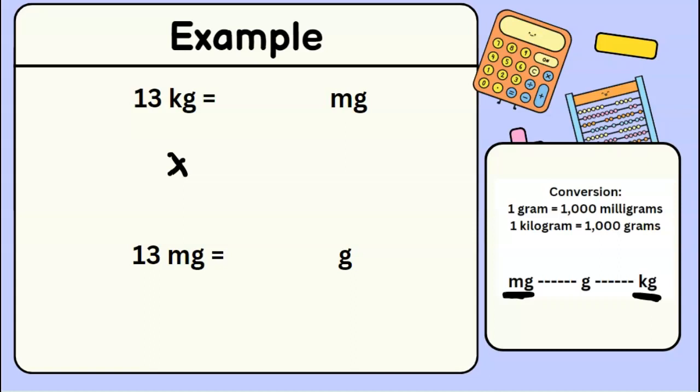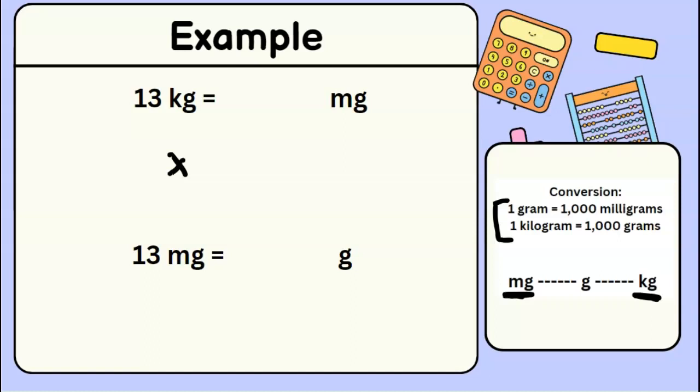I know that 1 kilogram is equal to 1,000 grams, and 1 gram is equal to 1,000 milligrams. So I have to move from kilograms to grams and then from grams to milligrams.